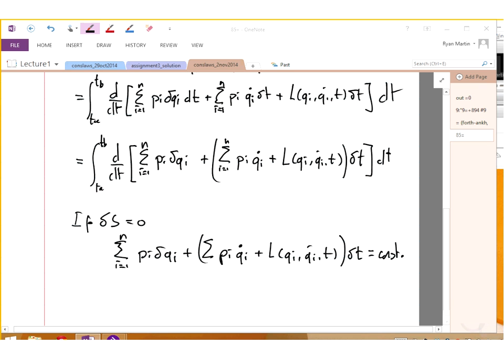Now, somewhere along the way, we must have made a mistake, because this should be a minus. So if you can find where the mistake is, please tell me.